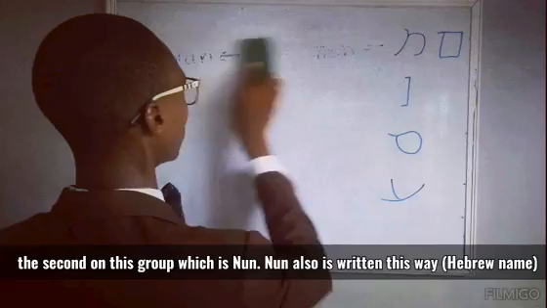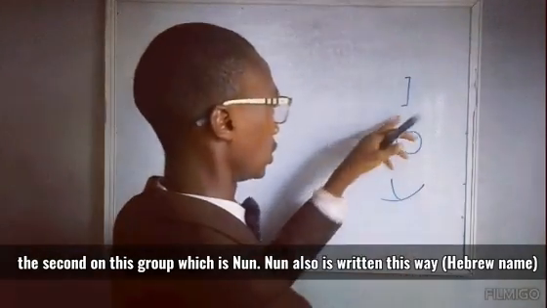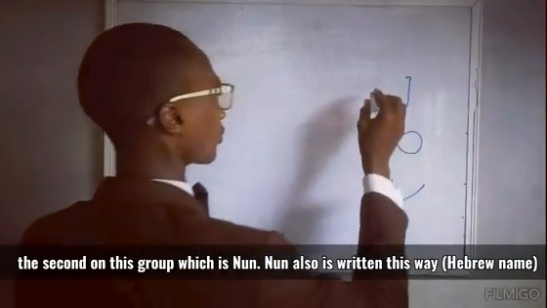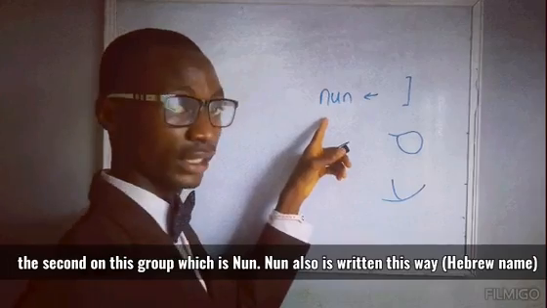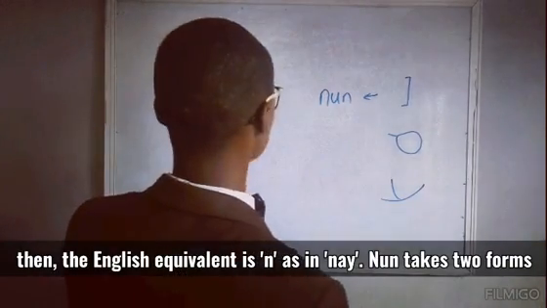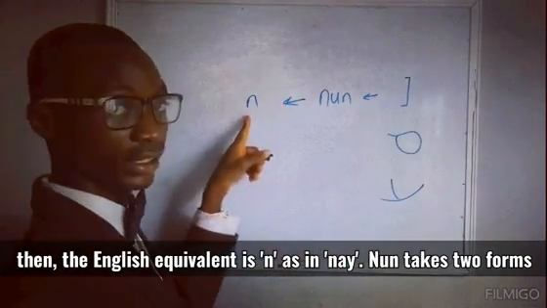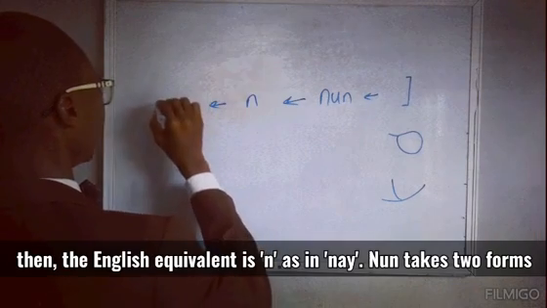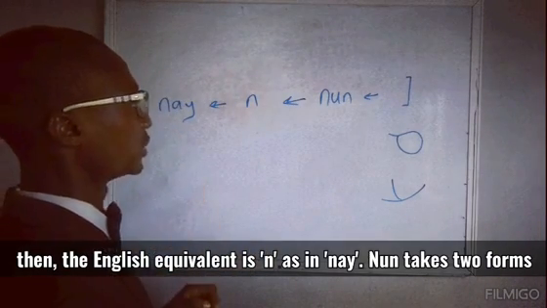Let's address the second letter in this group, which is Nun. Nun is also written this way. That's the biblical Hebrew name, Nun. The English equivalent is N, as in net.